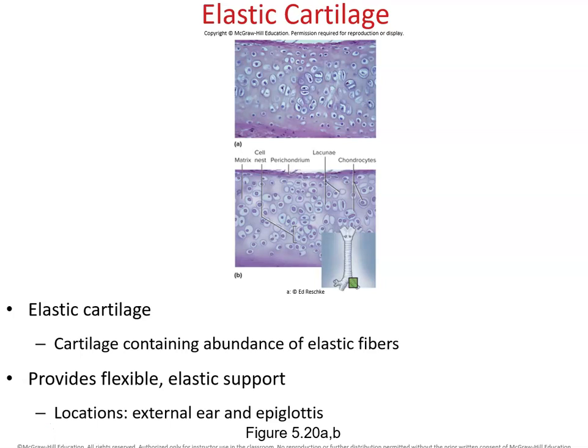Elastic cartilage gets its name from a high amount of elastic fibers that are present in it. It is more flexible and it allows things to kind of stretch and then recoil back into place. So the outside of your ear is made of this type.